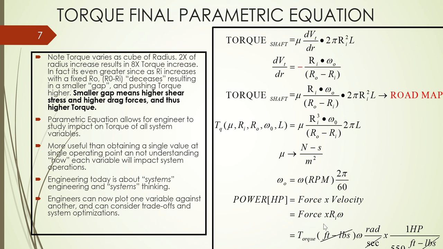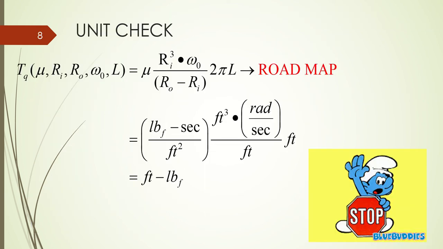But since force times distance is torque, the power is equal to the torque times omega. And so we can always convert the torque in terms of foot-pounds force into horsepower, because I know that 1 horsepower is equal to 550 foot-pounds force per second. But let's just check to make sure that our units are indeed correct.